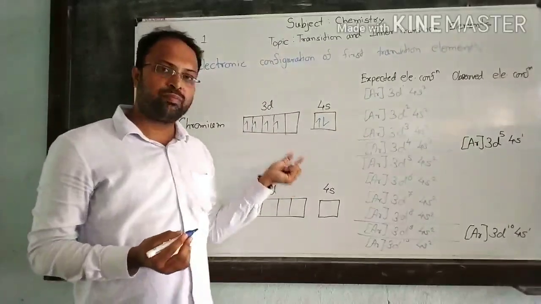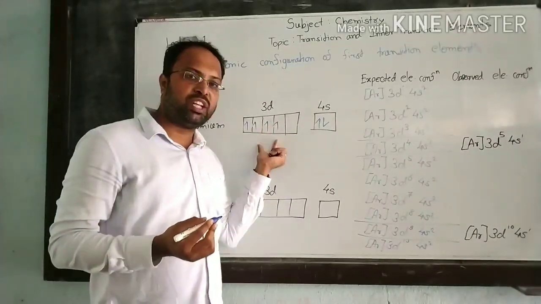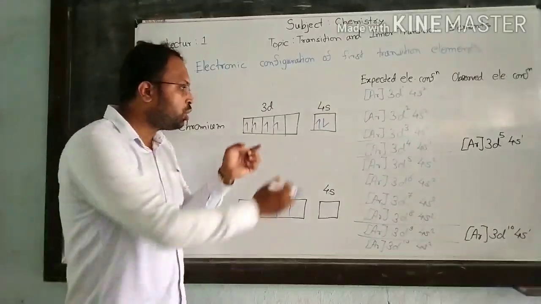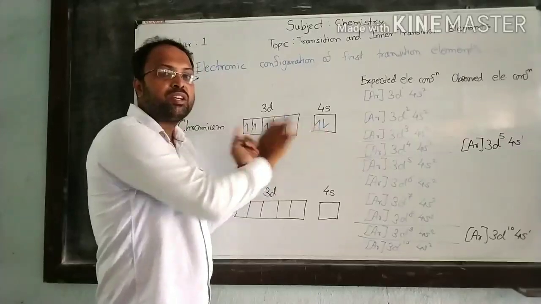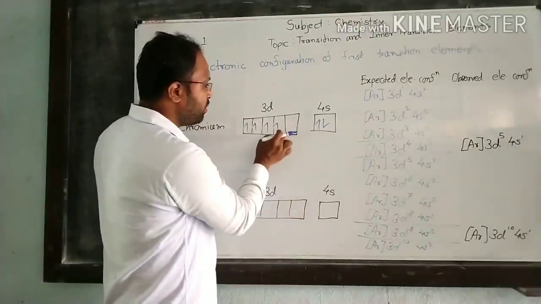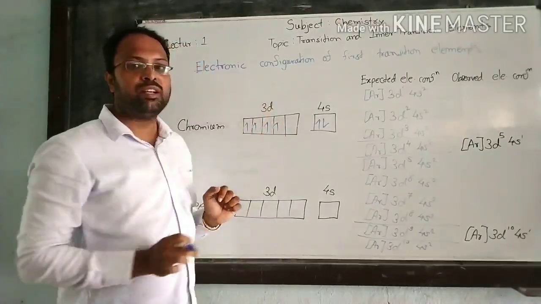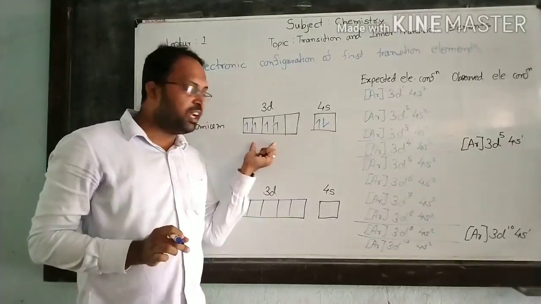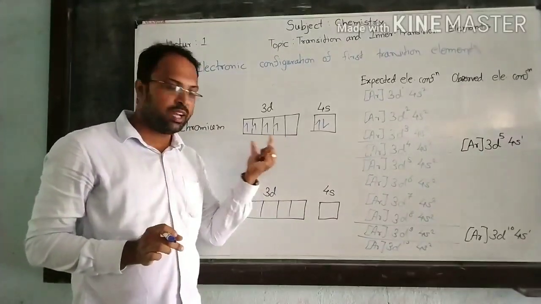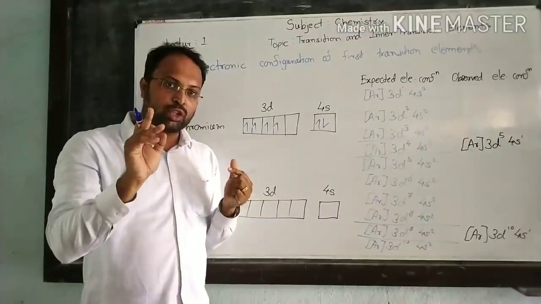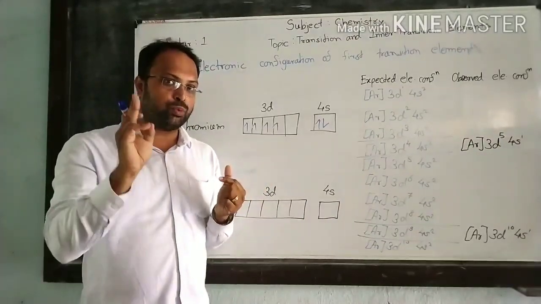Here the energy levels of 3d and 4s are nearly the same, so an electron can be transferred easily from one to the other. The 3d subshell requires only one electron to complete its half-filled state, because each orbital then contains one electron out of a capacity of 2.